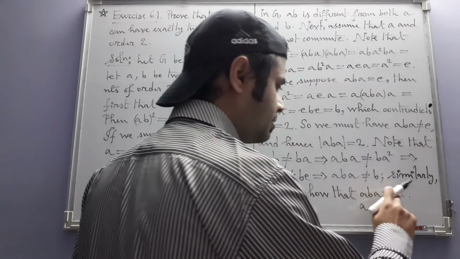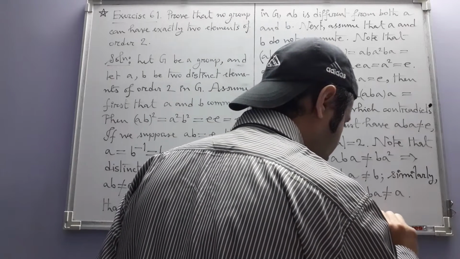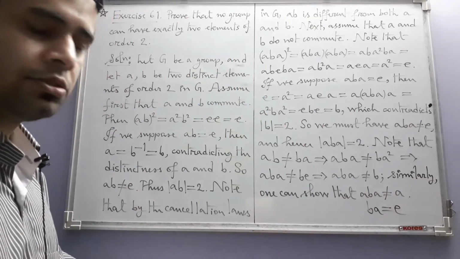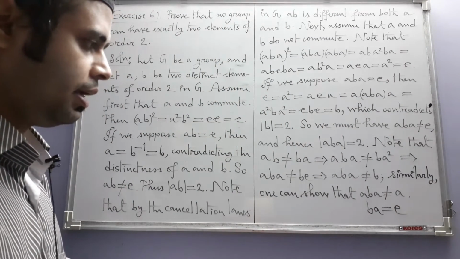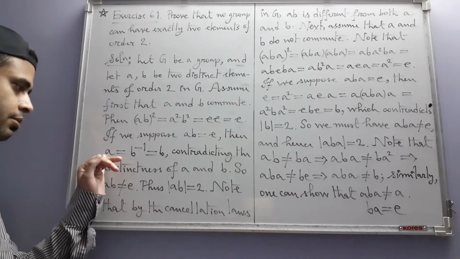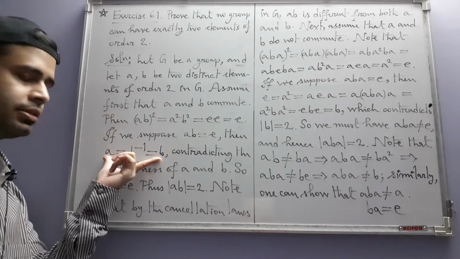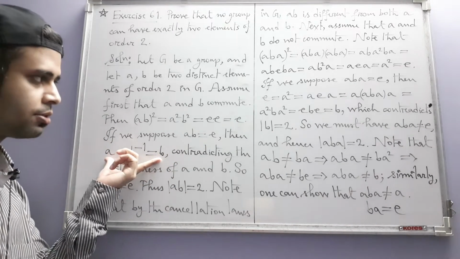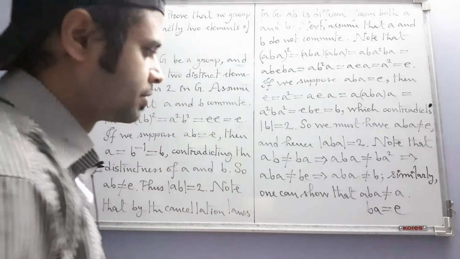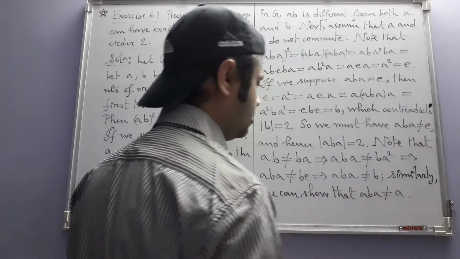Say if you cancel this A on the left hand side, then you end up with BA equal to E, which will imply that A and B are inverses of each other, and you will end up with a conclusion like this, that A is equal to B, which is not true. It again contradicts the distinctness of A and B. So that's how you can show that these two things are not equal.